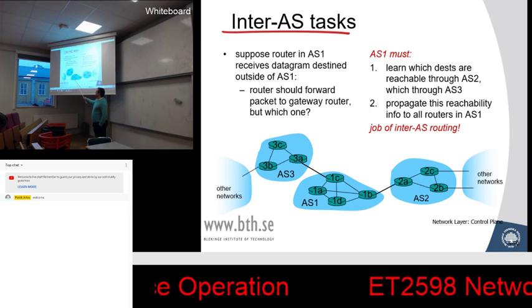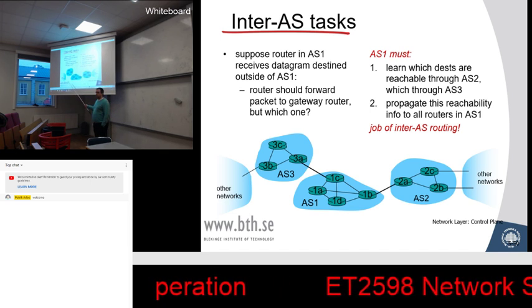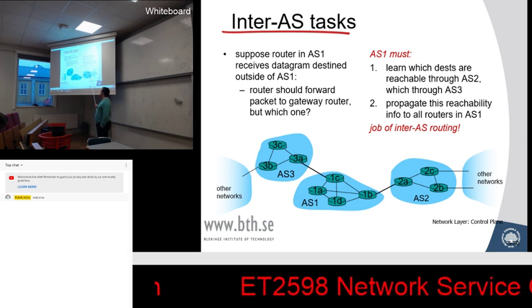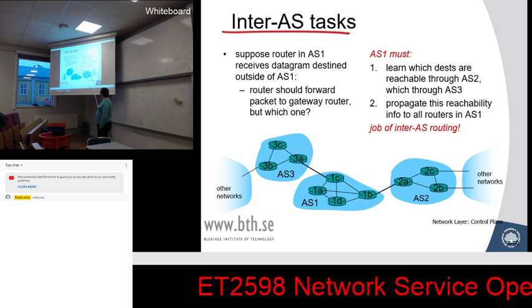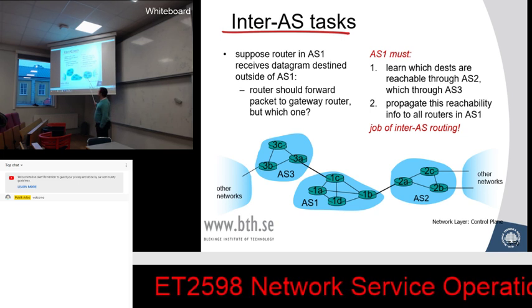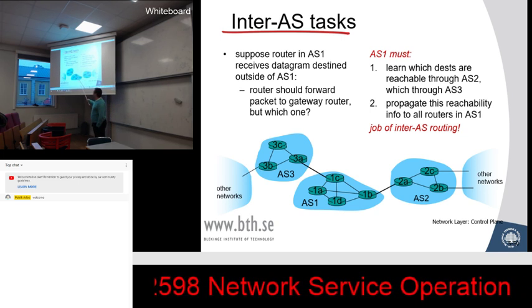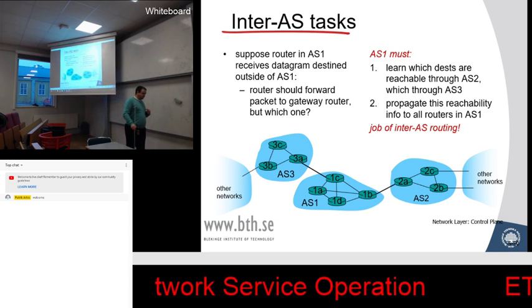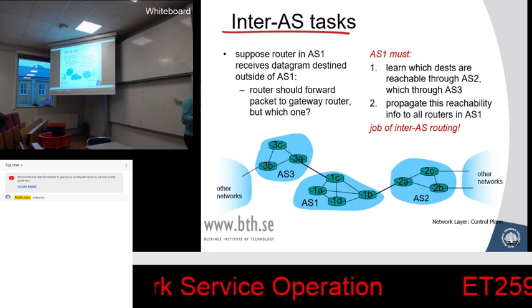Similarly, this one needs to tell that one. So they need to exchange this information. If this router says, I'm going over there, okay, I can send it to this guy, we'll send it to this guy, pass through. So we need to do that exchange.